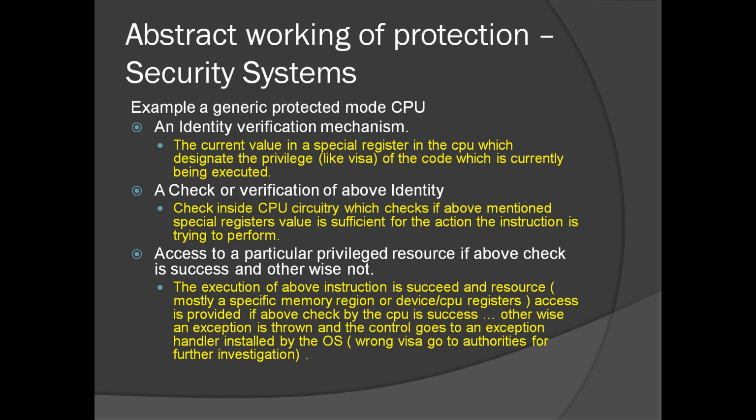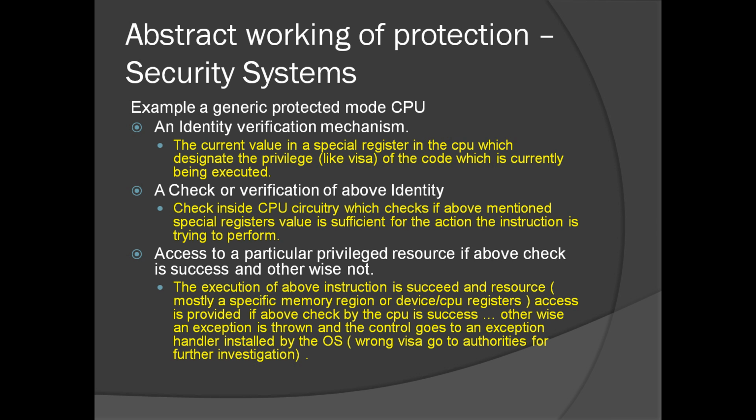While each instruction is being executed, it checks the above mentioned special register value. The access is granted based on the success or failure of the check just performed. The execution of the instruction succeeds and the resource access is provided if the above check by the CPU is a success. Otherwise, an exception is thrown or an interrupt happens and control goes to an interrupt handler or an exception handler installed by the operating system.